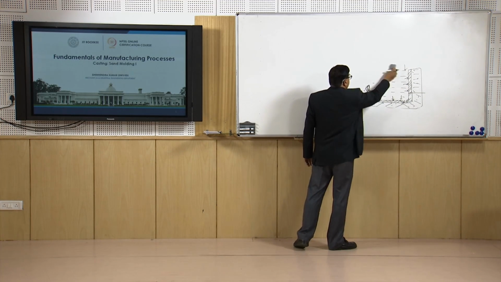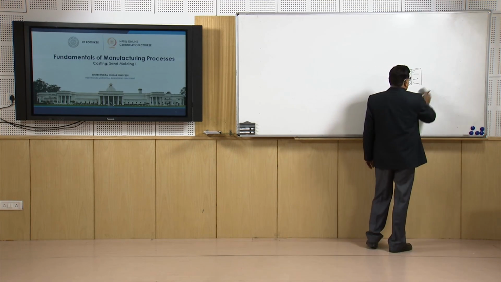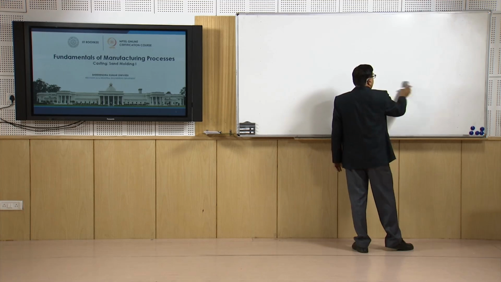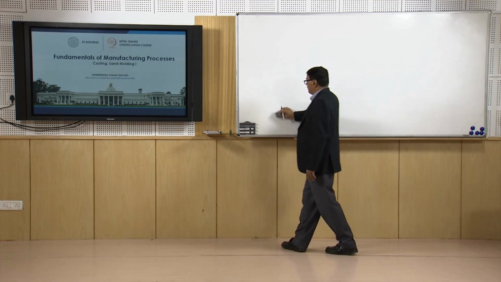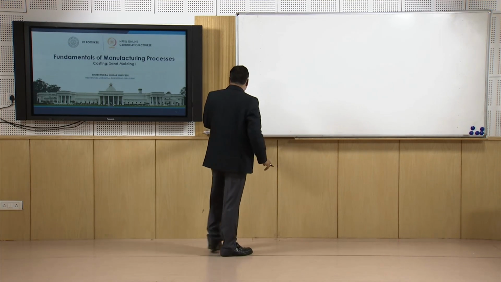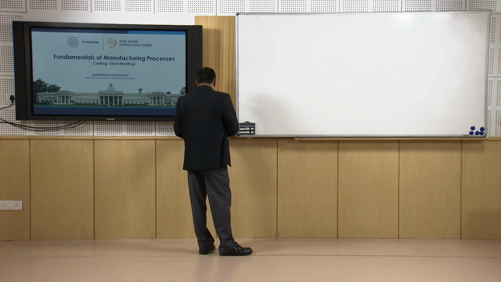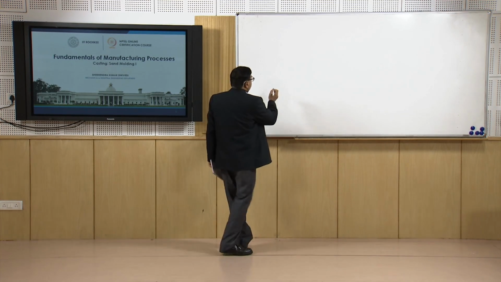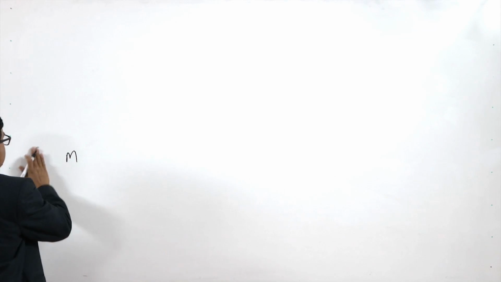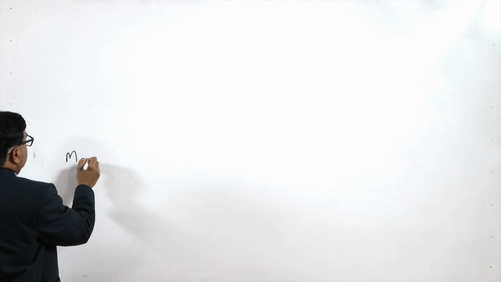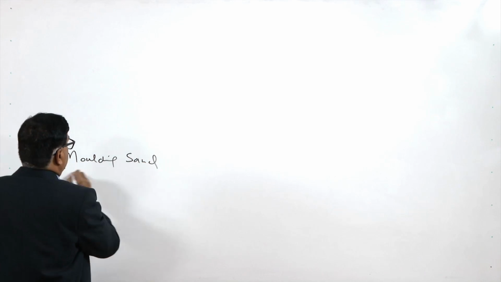These are some of the properties which are important for the sand mold in order to prepare castings which are free from defects and of the required size and shape. Now we will see what the important constituents of the molding sand are.